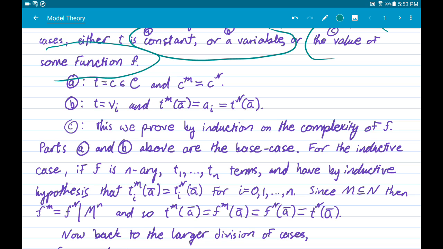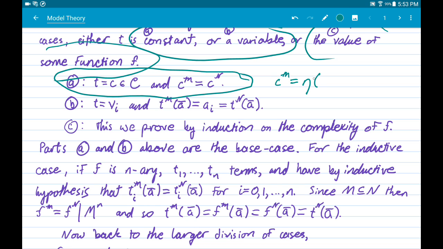Now, because we're using the inclusion mapping then, right, that was important, we know that the denotation of C in M is, in fact, equal to the inclusion mapping, because after all, the inclusion just is the identity map, so it maps to itself, and that this, by definition of it being an L embedding, is also equal to the denotation in the structure N. So that establishes this case of the constants.